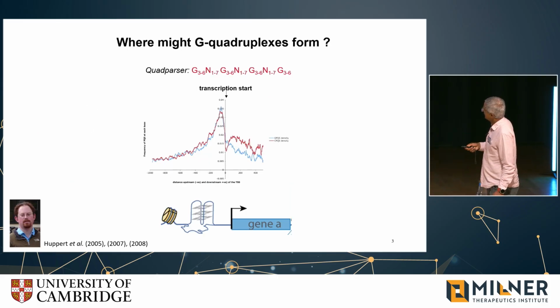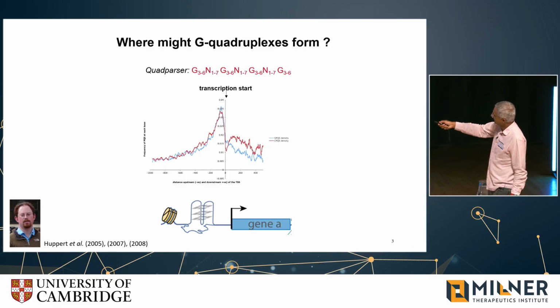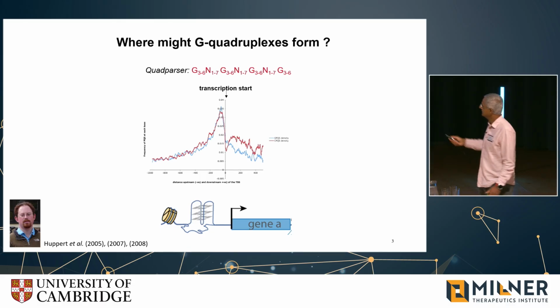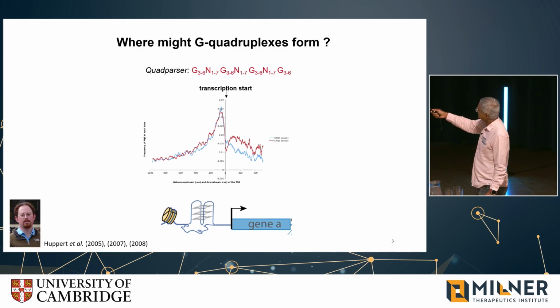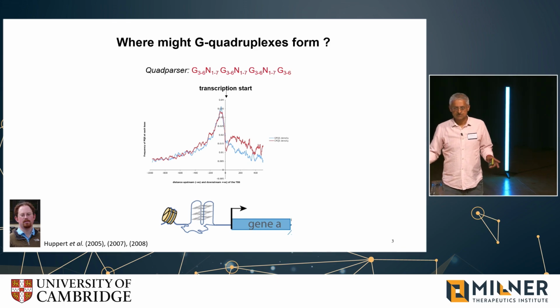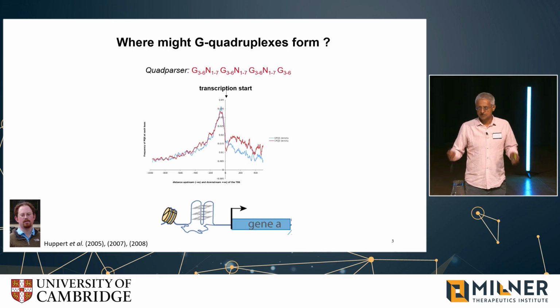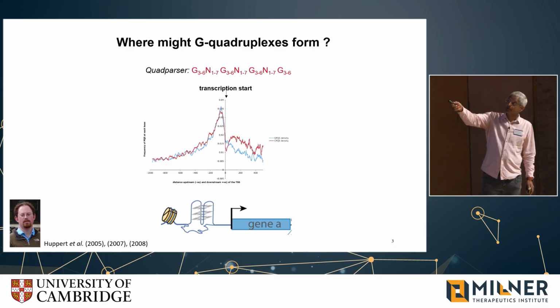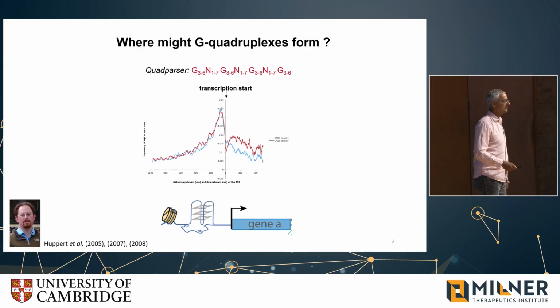Now, to give an overview, some 20-odd years ago, Julian Huppert, who was a PhD student in my group then, when the first draft human genome sequence came out, 2003, took all the biophysical data that was in the literature and that we generated in our lab and looked at the genome at sequences that had this general motif.